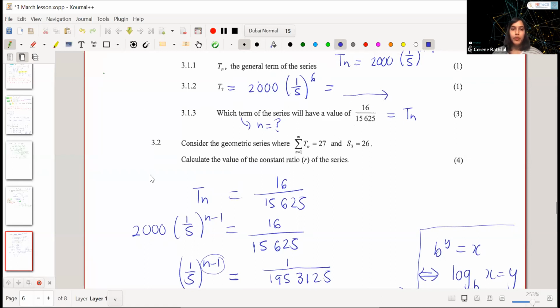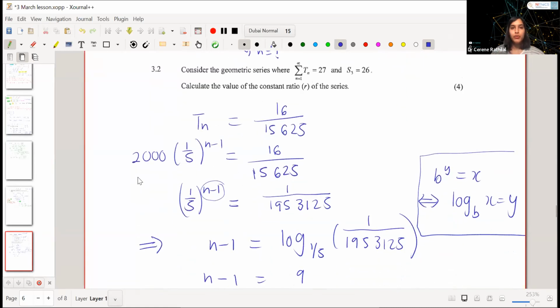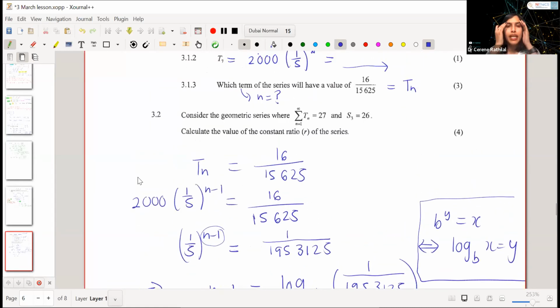Okay, let's look at 3.2. I think this is the last question that we're going to be able to do before we conclude. Let's analyze what 3.2 is telling me. So 3.2 says that the sum of all of the terms, do you see this? This is the sum from n equals 1 to infinity of Tn, but Tn is a geometric sequence.